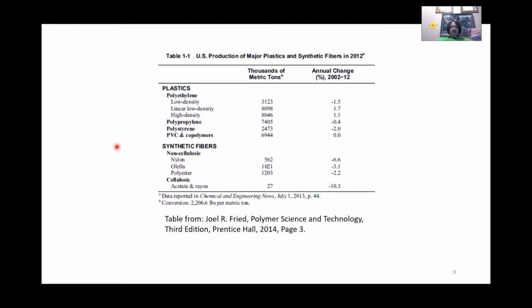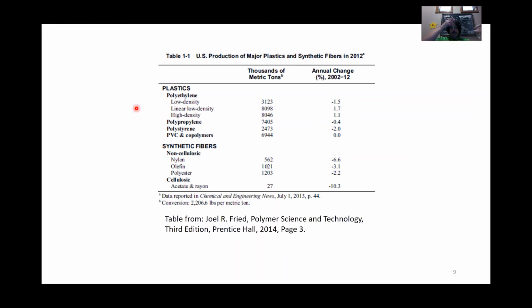I wanted to point out how many metric tons of different polymers are produced, and this is just the US. Okay, so this isn't the world. Polyethylene, especially if you combine the different types, which are decided by the polymer structure: low density, linear low density, and high density. If you get a milk jug, it's probably high density polyethylene.